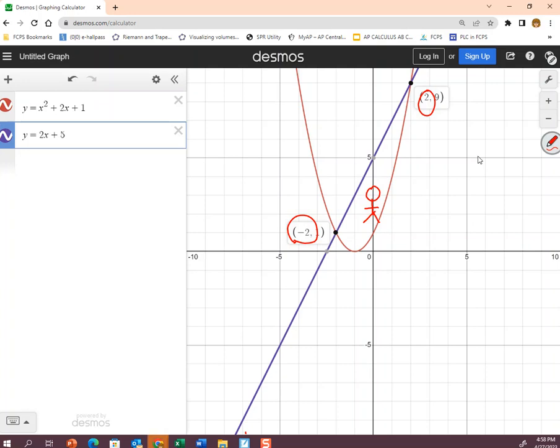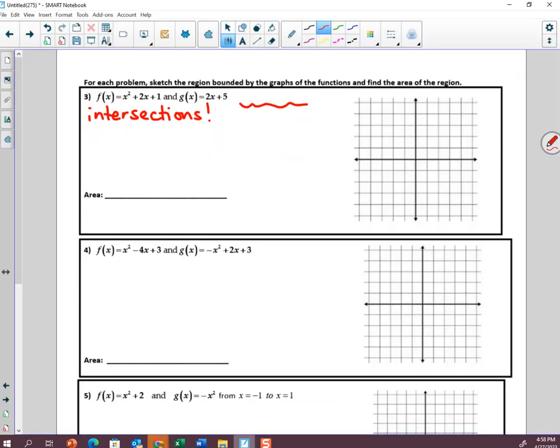Desmos luckily color codes things for us, so we can see that the line is the top function and the parabola is the bottom. The purple line is above our head, and the red one is under our feet.